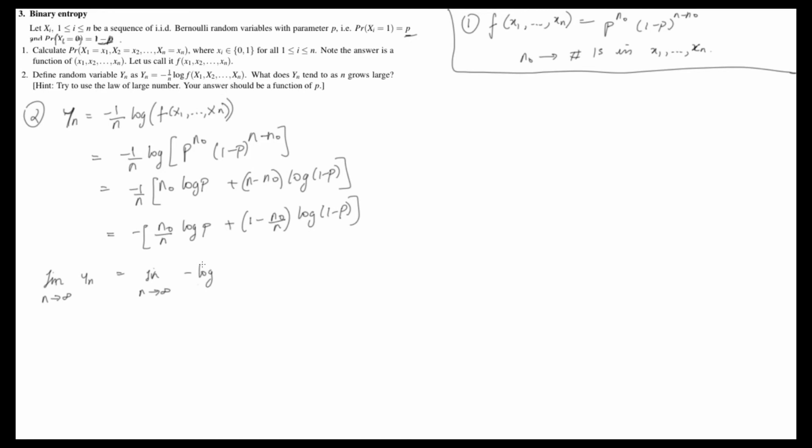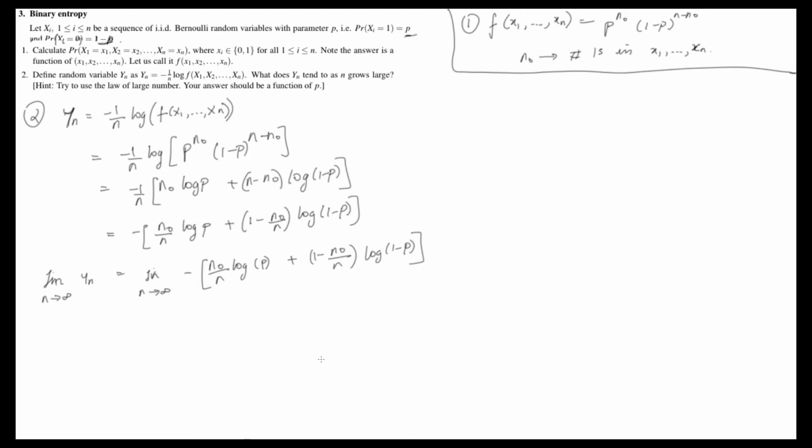Even though the limit obeys laws, as in if you have a limit of a constant times something, the constant can get pulled out, I just wanted to write the entire expression: log p plus (1 minus n_1 over n) log (1 minus p). So what can you say about this as n tends to infinity? What will n_1 over n become?